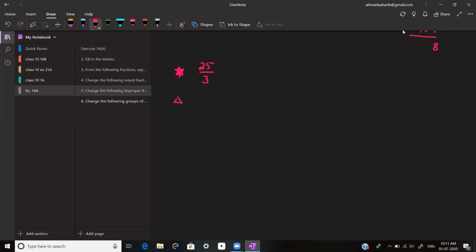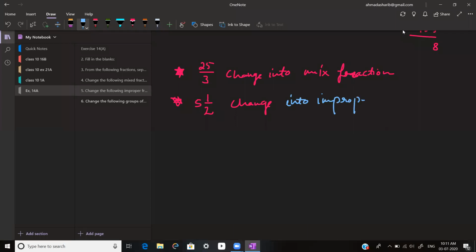First this, and then 5 whole 1 upon 2, change into an improper fraction. Do these two questions and tell me the answer.